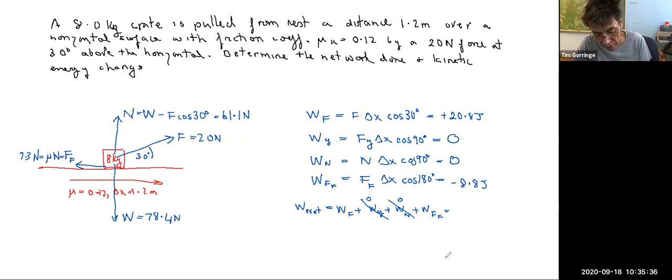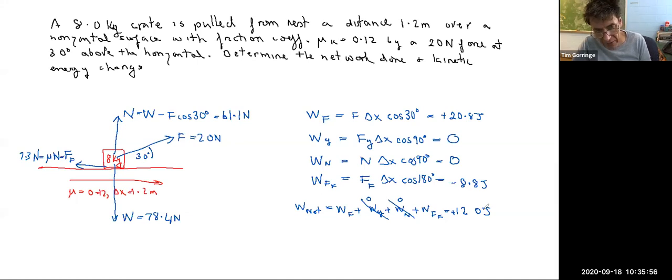And so we've got plus 20.8 joules plus a minus 8.8 joules. This comes out to be plus 12.0 joules. And that's the net work that is done.